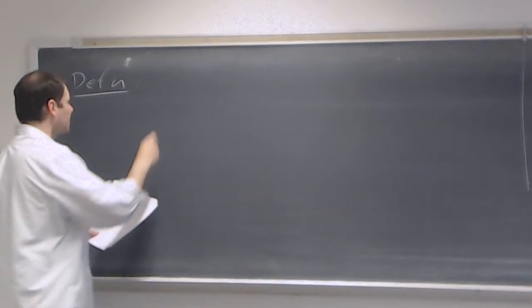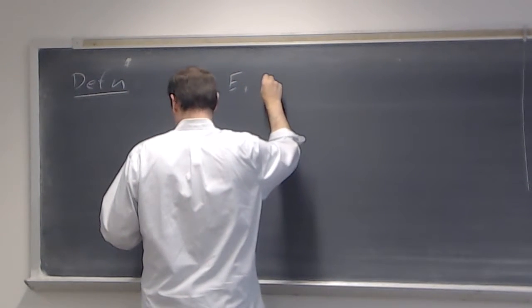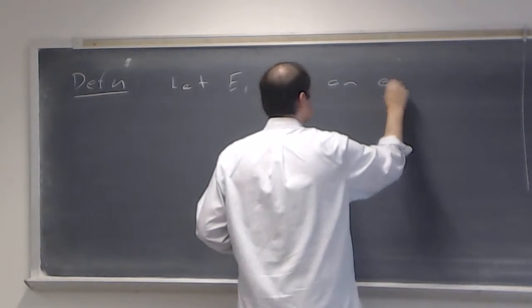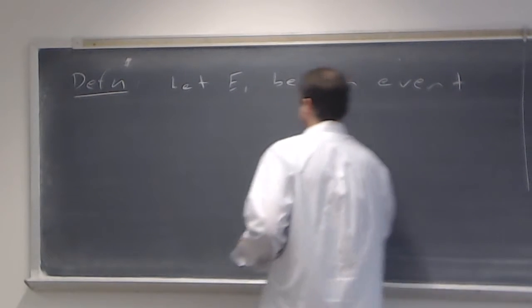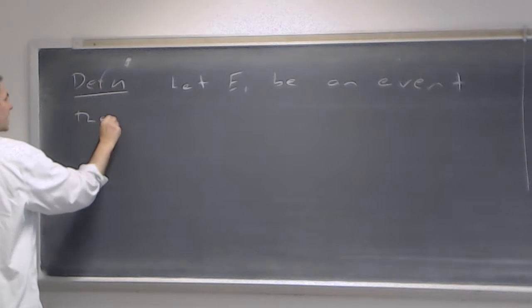So our definition is about an event. Let E sub 1 be an event, and we're going to define a random variable called the indicator function.